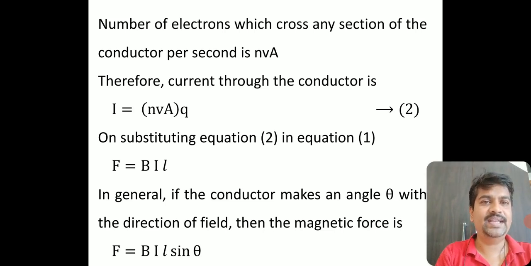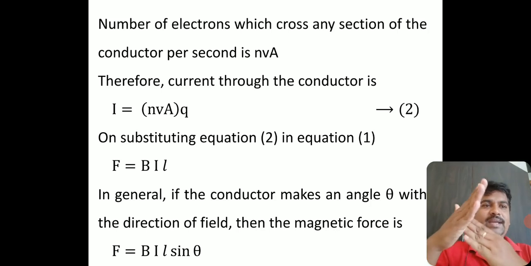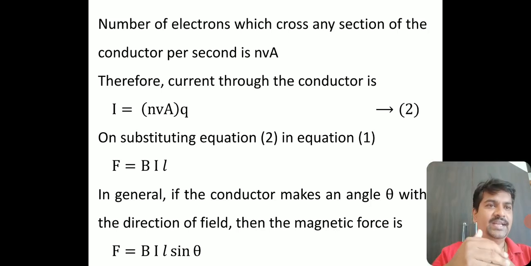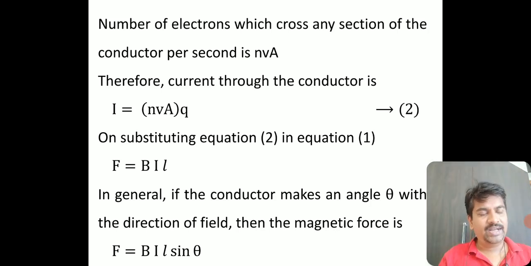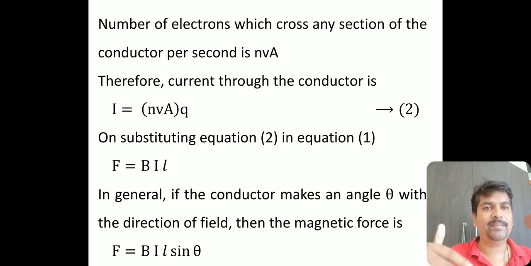Sometimes the magnetic field may not be perpendicular to the length of the conductor, making an angle theta. In that case, I have to use the formula BIL sin theta. So this is the force experienced by a current carrying conductor in a magnetic field. F is equal to BIL sin theta.